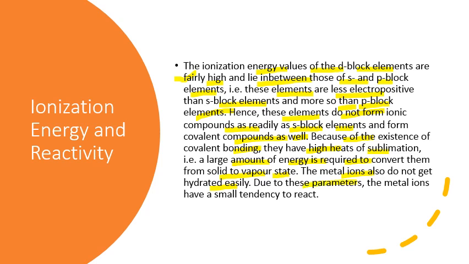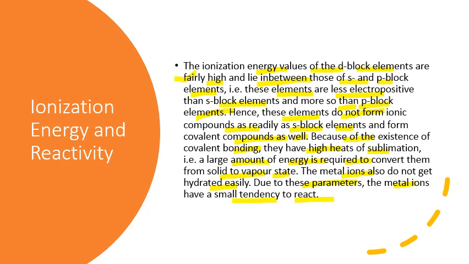Due to all these parameters, the transition elements have a small tendency to react. Understood? Very high energy is required to convert from solid to vapor state, and they do not get hydrated easily. So from all these properties, we can say that they have a small tendency to react.